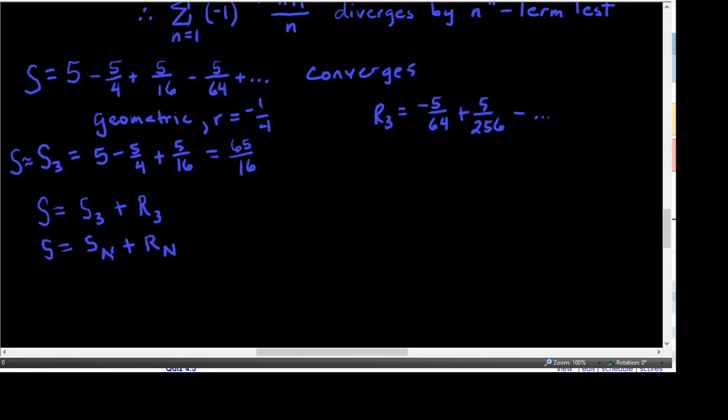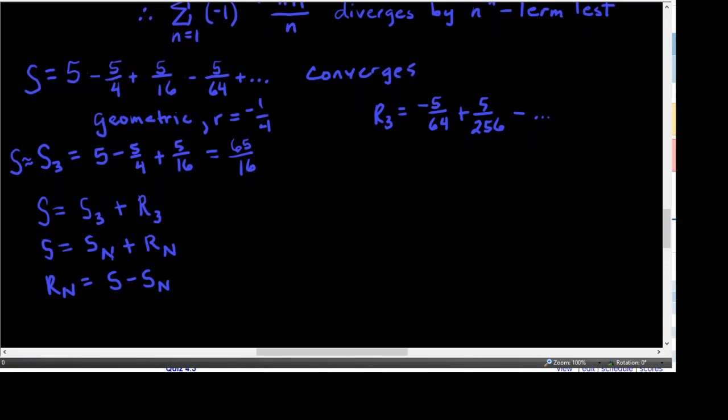So S sub n is not S, but it's pretty close because that R sub n is supposed to be relatively small. And we can take that equation if we want to, and we can solve it for R sub n, subtracting S sub n from both sides. That would be the remainder of the series.